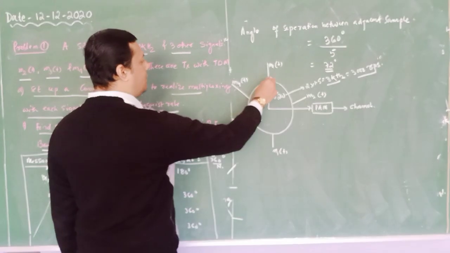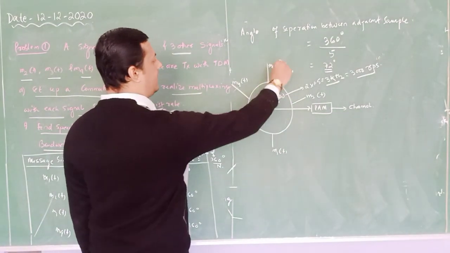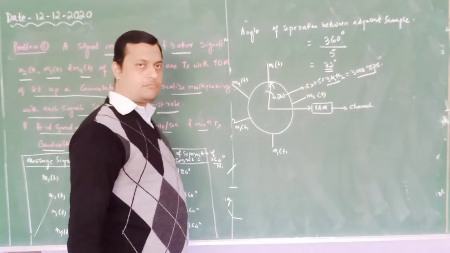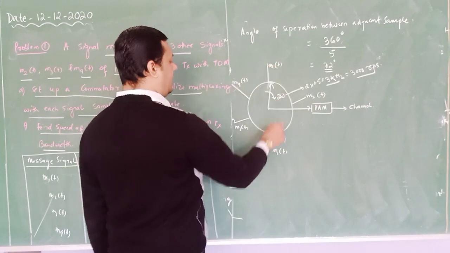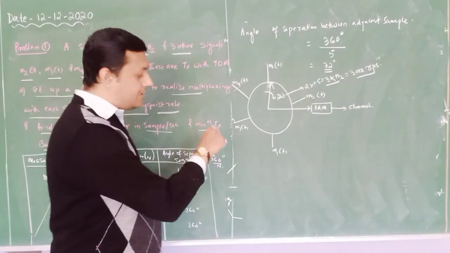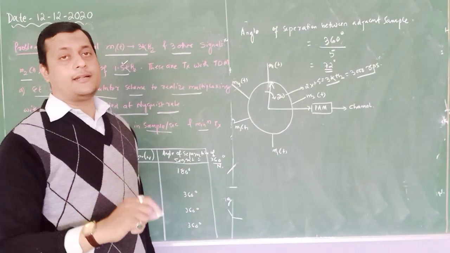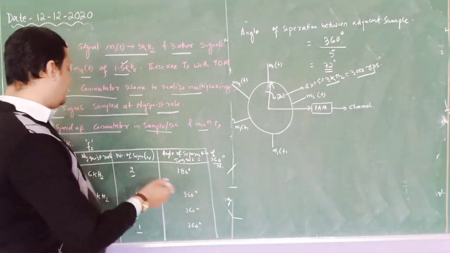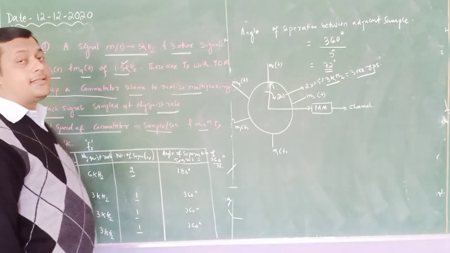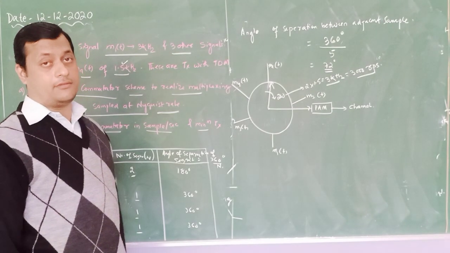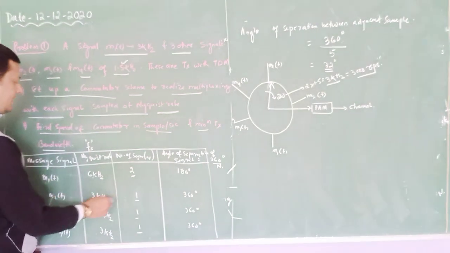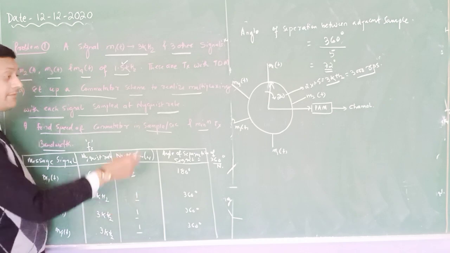So my switch will rotate in this particular direction: M1, M2, then M1, then M3, then M4. Because M1 and M2 are 180 degrees apart, and with respect to M1, other signals are also apart. The adjacent signals M2, M3, M4 are 72 degrees and 72 degrees apart. For M1 and M2, you can see the adjacent angle is 72 degrees.